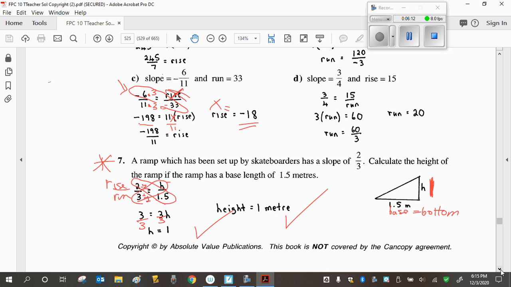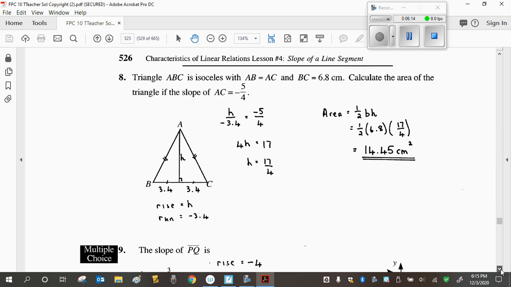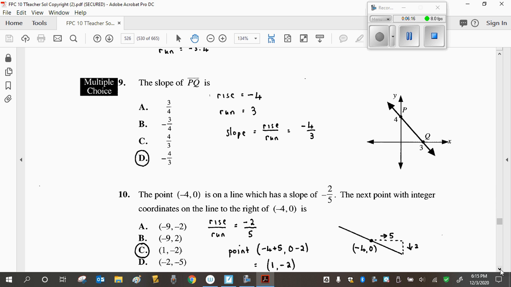I like number 9. It is fine, because they all look like the right answers. But remember, you go from left to right. So we're going to start here and finish at Q. So how far do I go down first?